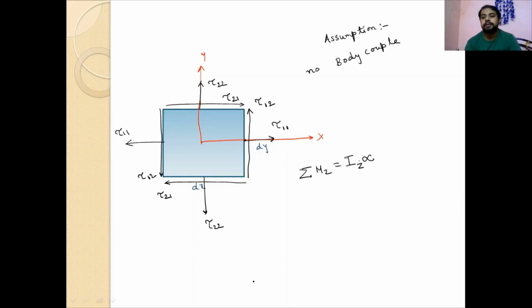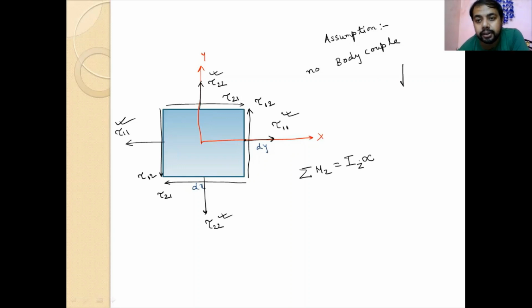What are the total moments? The summation of the moments: tau 1 1 and tau 2 2, these normal stresses don't contribute anything to the moment. So who is contributing? Only the shear components, tau 1 2.